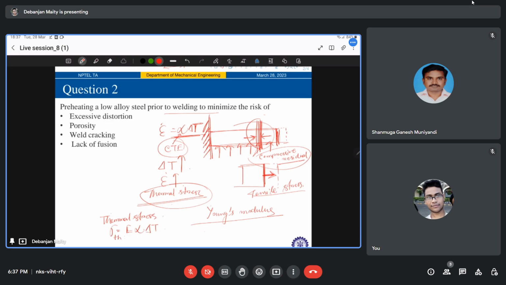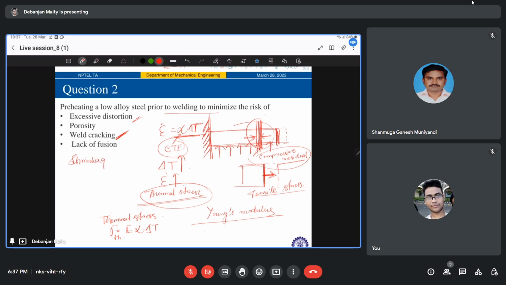Sigma thermal, right? So basically, preheating of low alloy steel, as I discussed earlier also, can minimize the risk of excessive distortion and weld cracking. Of course, there can be some shrinkage.